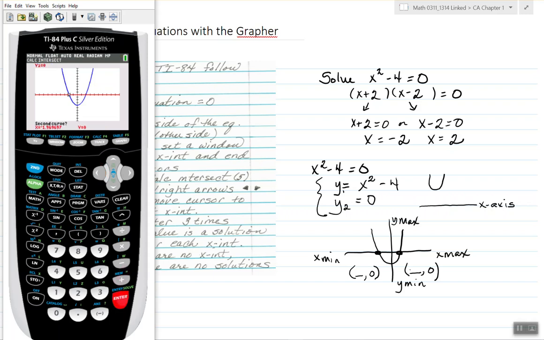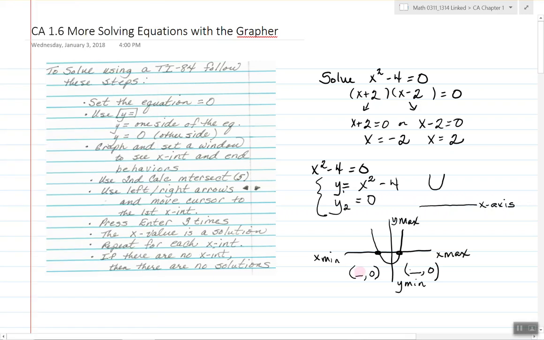Enter, enter, enter. On the bottom of the graph, it will say intersection, and it has x is -2, y is 0. So my first one is -2. That's my first intersection. That's my first solution.